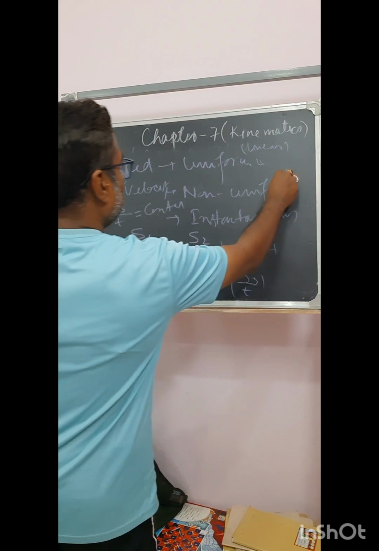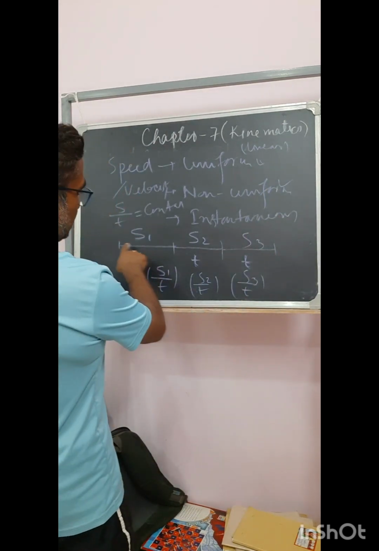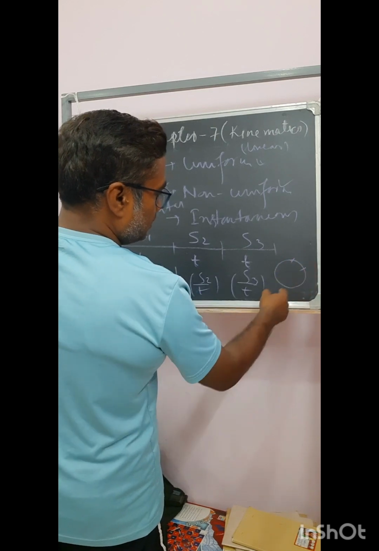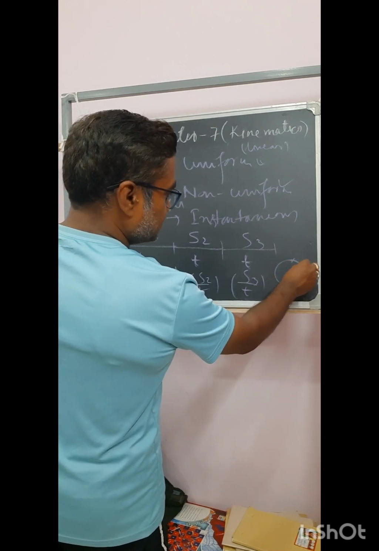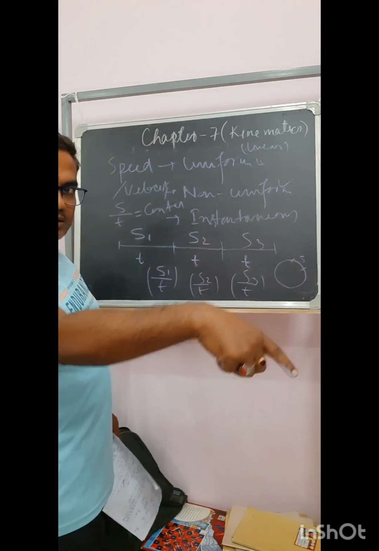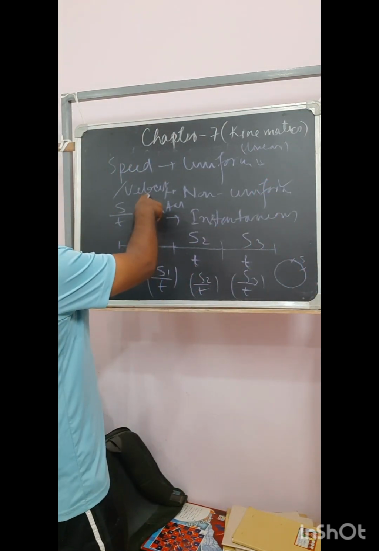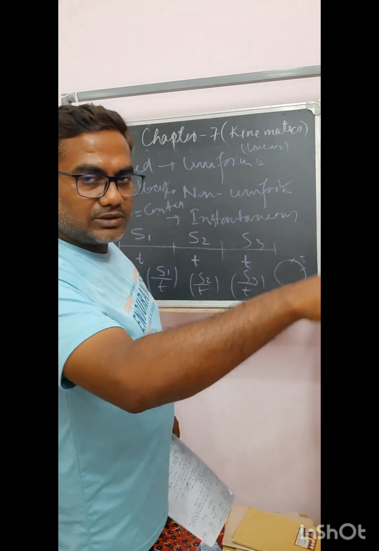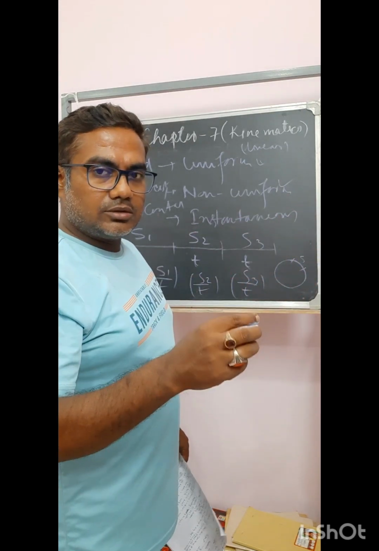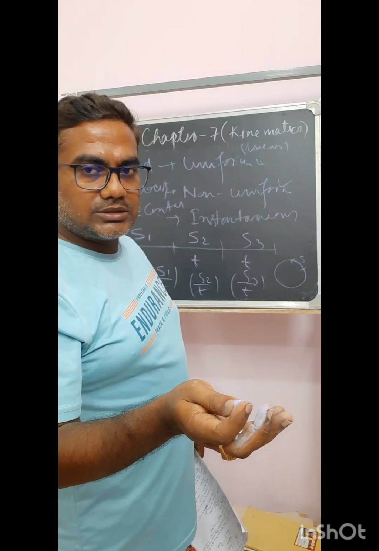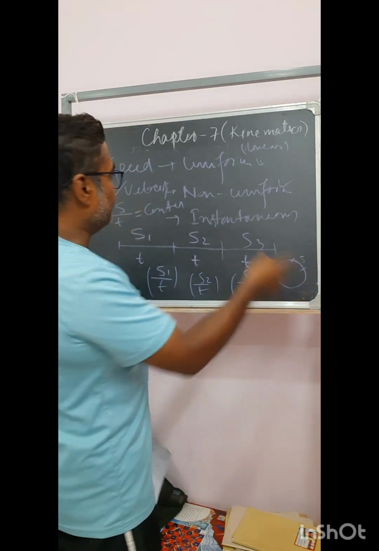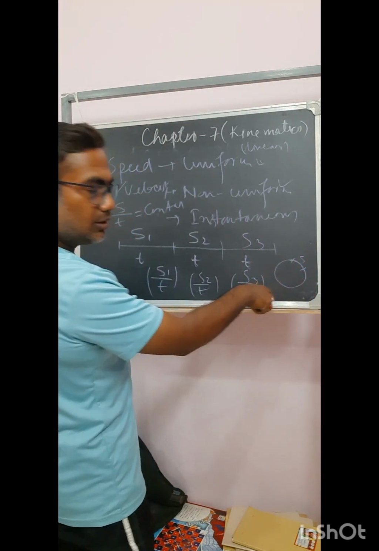So this is non-uniform. Non-uniform can also occur in circular motion, where the span may be the same because the arc may be the same, but because the direction is changing, the value of the velocity changes. But if I consider speed, that will be uniform, while in circular motion velocity will be non-uniform.